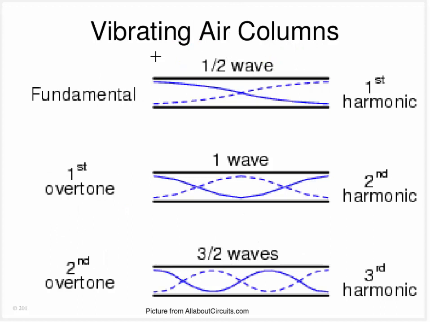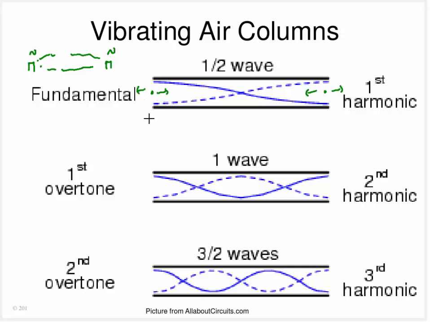Now let's talk about a vibrating air column like a flute for a second. When I talked about a stringed instrument, I said, okay, well we have a stringed instrument and this guy is tied down right there and tied down right there, so we have to have nodes right there and nodes right there. When we talk about an air column, we might have some air right here and some air right here, and that air is free to move, and so we're actually going to force the exact opposite of nodes.